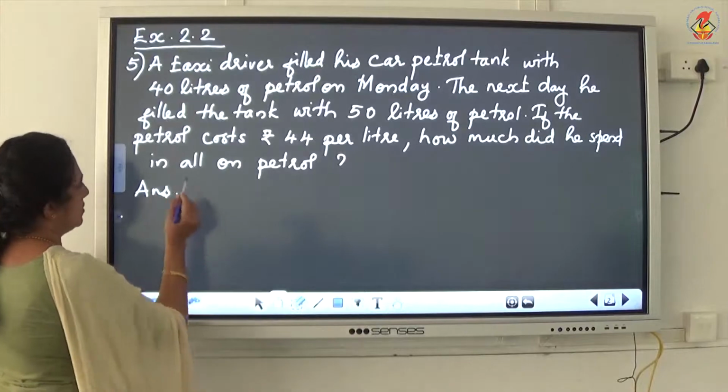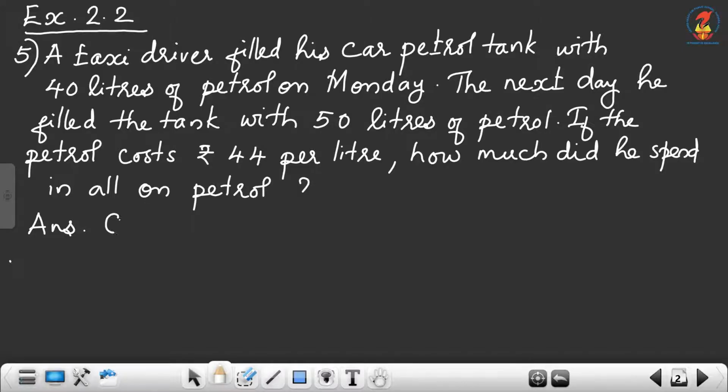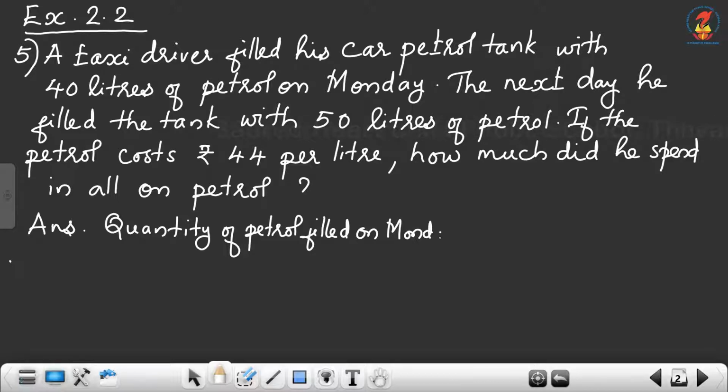Now, we can write the first step as quantity of petrol filled on Monday. So, what is the quantity of petrol filled on Monday? It is 40 liters.